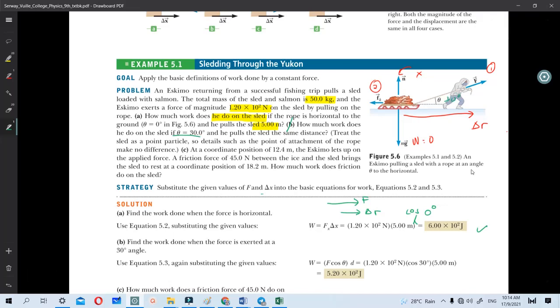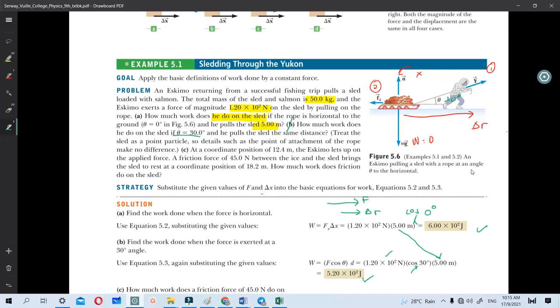So, look at how the answer changes a little bit, where still 120 is the same, 5 is the same. It's just that we incorporate 30 degree here and the resulting work is a bit less as compared to without the angle. Kan? Kalau dia parallel betul-betul, it means that all the force applied purely, semua akan tukar jadi work.